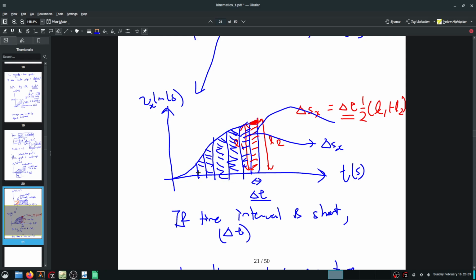Now, as I do this and sum all these small delta Sx together, I get a better and better approximation of the area under the graph. So the area equals the sum of all these small distances, all these small trapeziums.